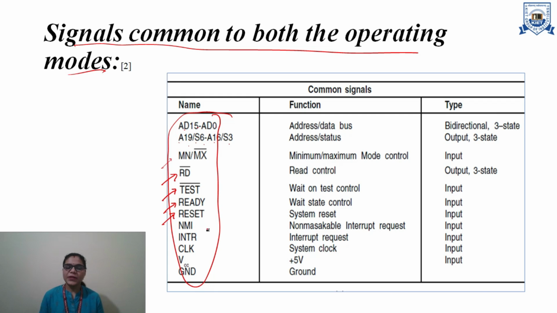It will suspend all the activities immediately. Then the non-maskable interrupt NMI and INTR for general interrupt, clock, VCC and ground. These are the clock input and power supply input. So these signals are common to minimum as well as maximum mode.